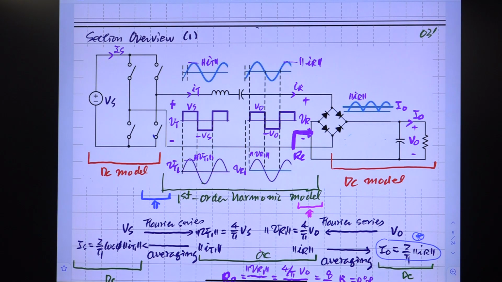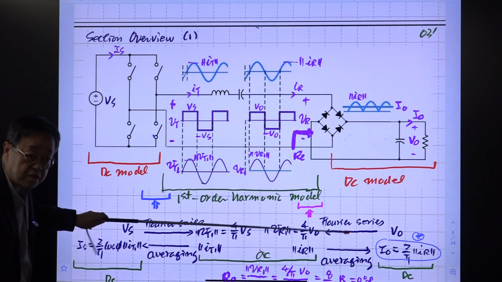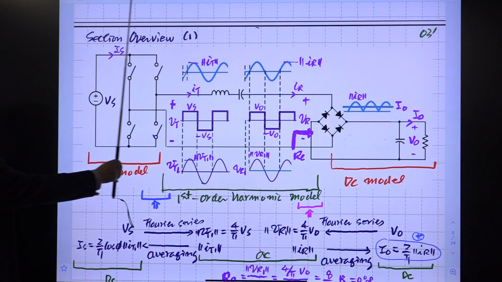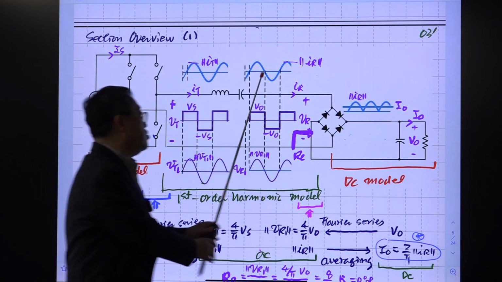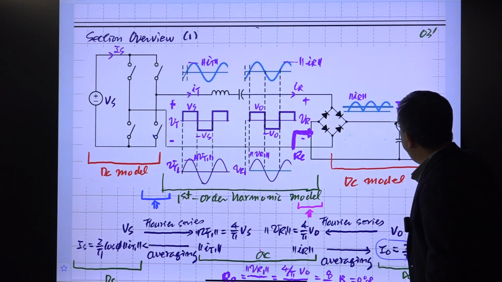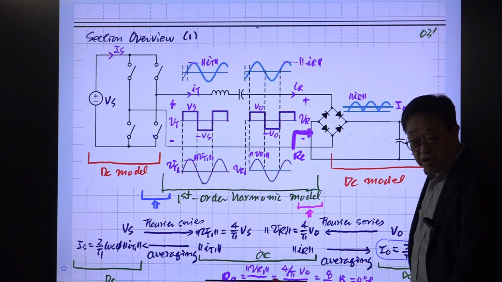Let's try to understand this. This is the circuit diagram of the series resonant converter. Don't pay attention to this, just focus on this. This is the DC part of the converter. This is the DC voltage, and this switch network converts this DC to these pulse waveforms. This is also DC, the output voltage VO, connected through the diode rectifiers.